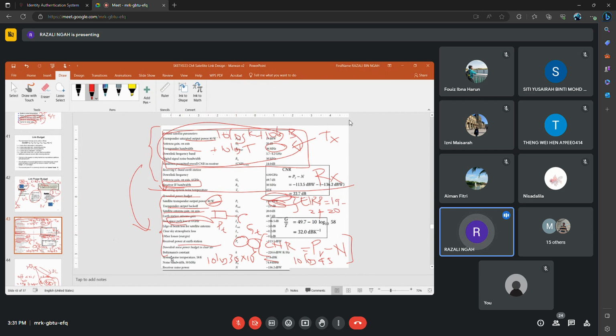If you use it to determine the receiver noise temperature, using a TS equal to 45 Kelvin is acceptable. Normally we just use this value, 45.